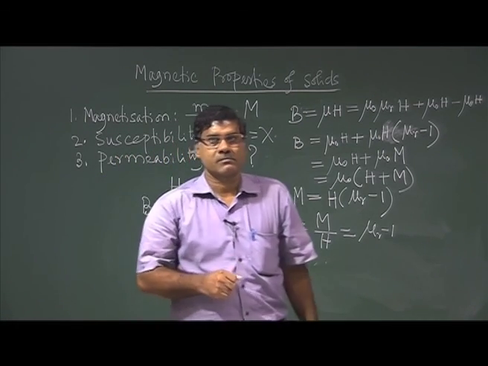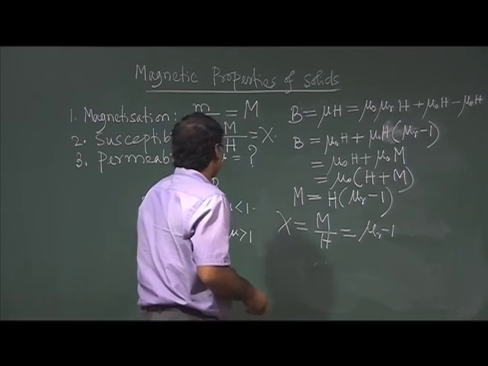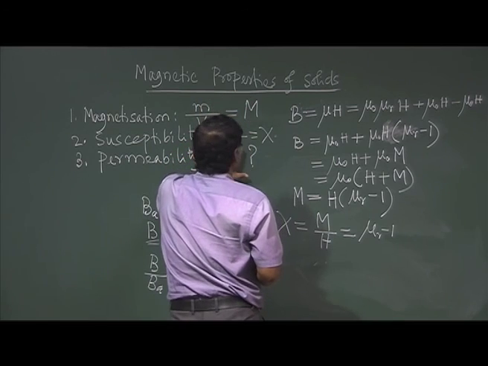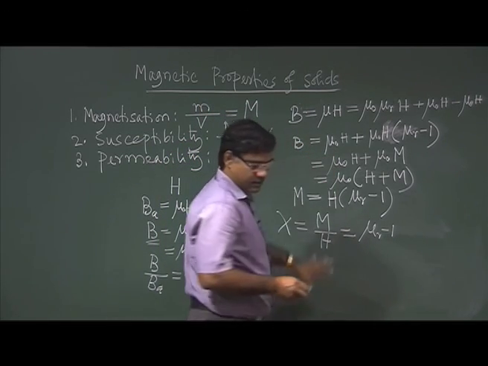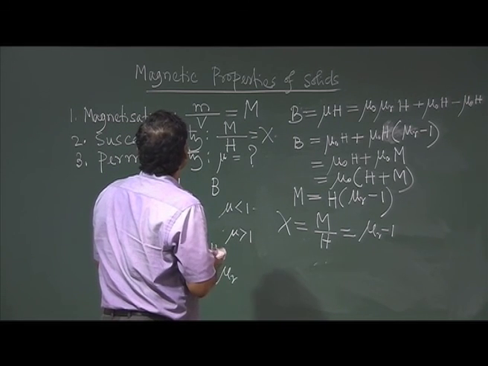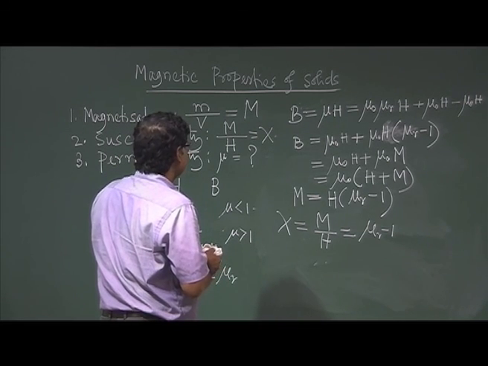So, these are the relations of these magnetic parameters, okay. These are very useful for studying the magnetic property of the solid, okay.